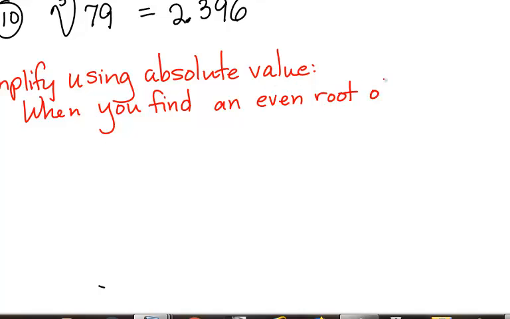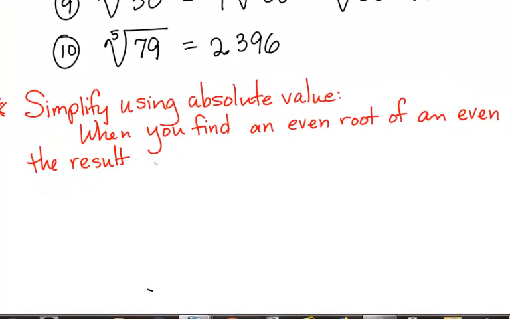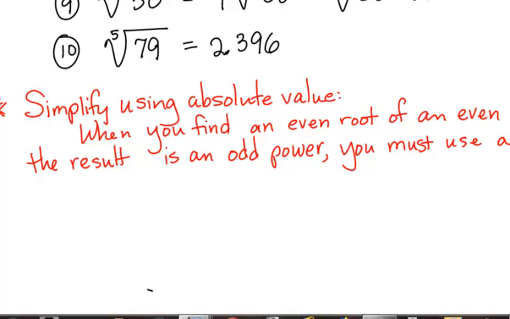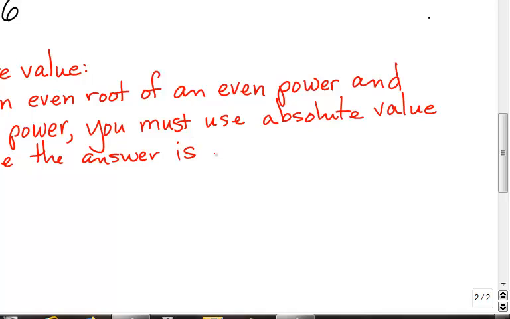When you find an even root of an even power, and the result is an odd power, you must use absolute value of the result to ensure the answer is non-negative.